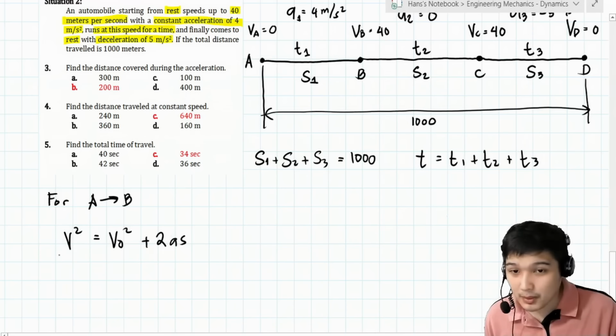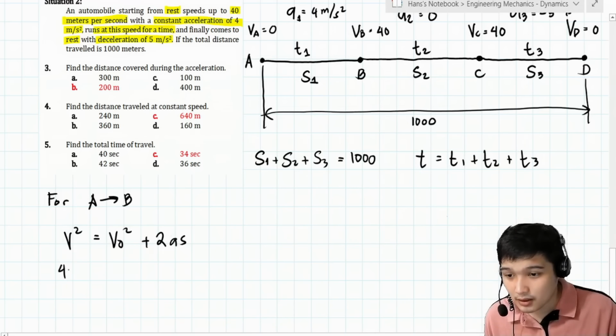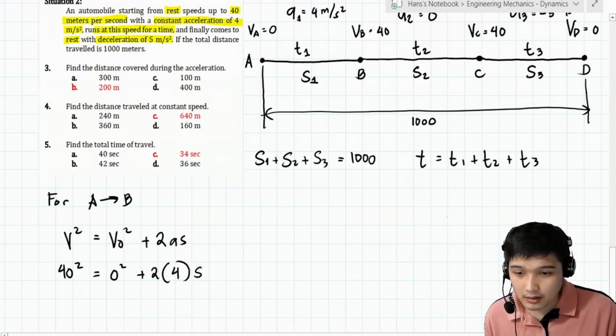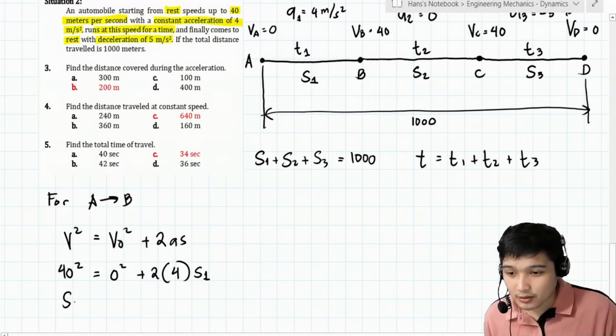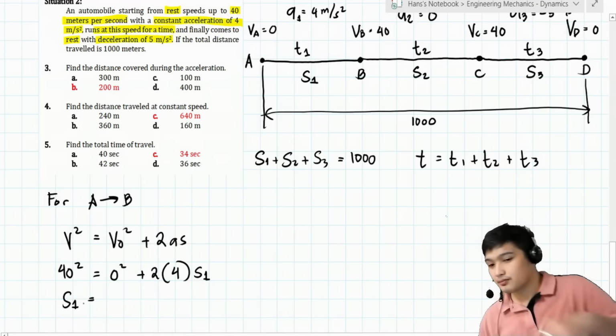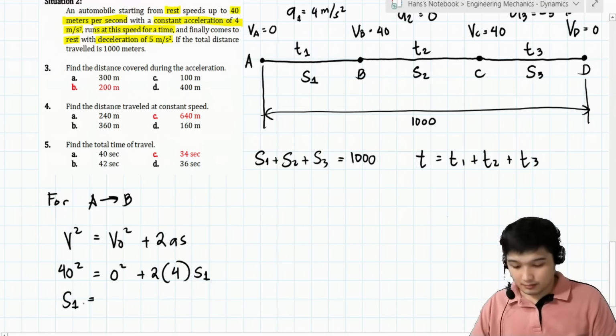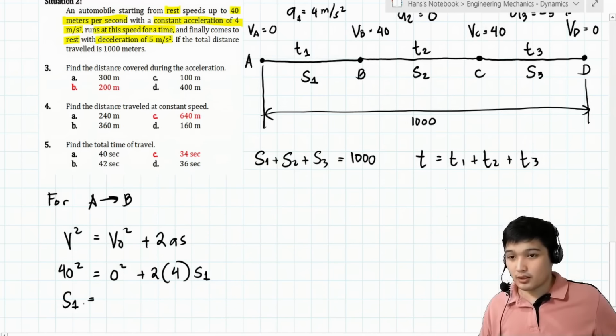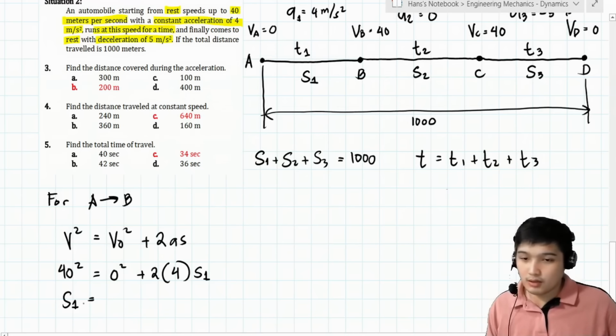Just plug in the values: 40 squared equals 0 squared plus 2 times the acceleration of 4, and the unknown is s, which is S1. So what is S1, guys? S1 is equal to 200.